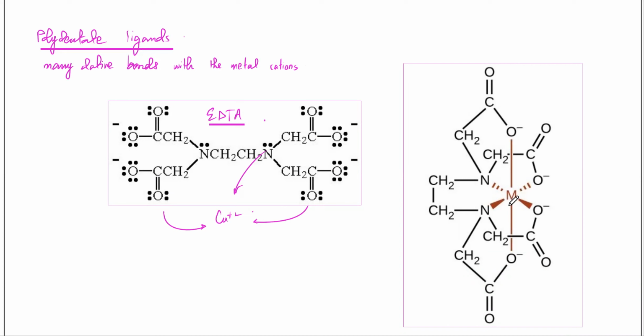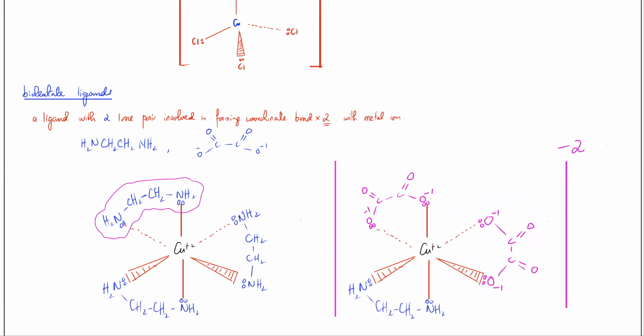You've got a metal ion, and it's surrounded on all sides by a single molecule. But different parts of that single molecule are forming dative bonds, like the N lone pairs, the oxygen over here, the oxygen lone pairs over here. So different parts of the same molecule are forming dative bonds with the metal ion. So that's an example of a polydentate ligand.